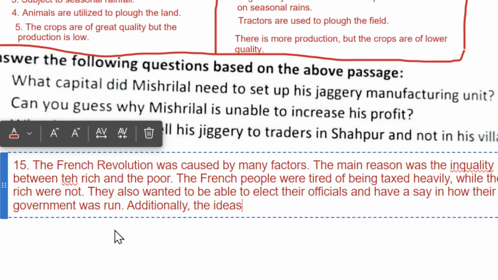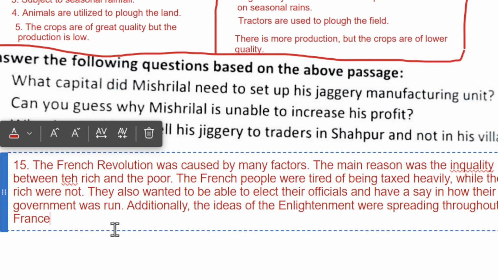the ideas of the Enlightenment were spreading throughout France. These ideas included equality, liberty, and very important, democracy.